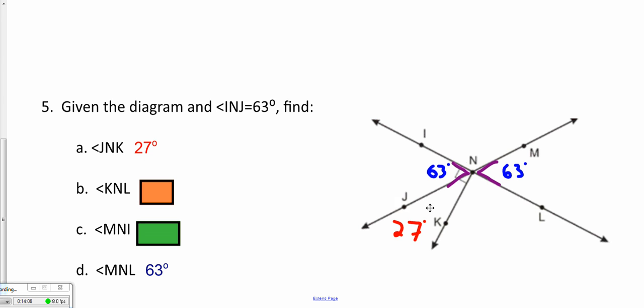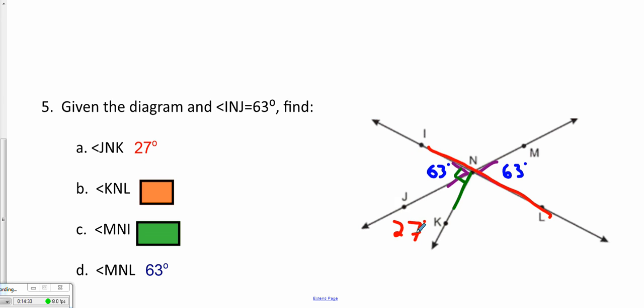So I found two of these. I've got to find this one and this one. Well, there are a couple ways I can do each one. I'm going to try it fairly simple. This is a straight line, INL. One big straight line. In fact, I'll just draw it in. And this is a right angle, meaning it's 90.